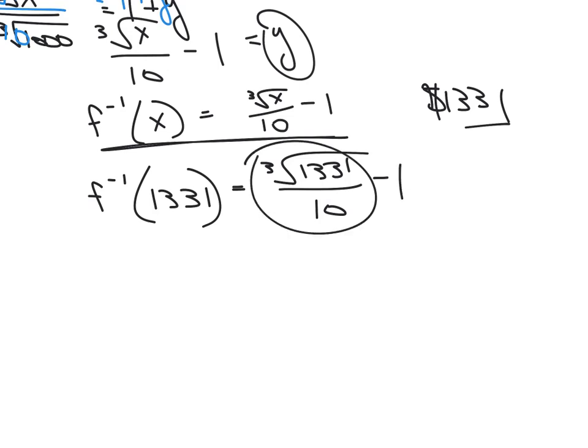Take your handy-dandy calculator, find the cubed root of 1331 over 10, subtract 1, and you'll get 0.10, which is 10%. So that means you have to put that $1,000 in an account for 3 years, getting 10% interest, in order to walk away with $1,331.